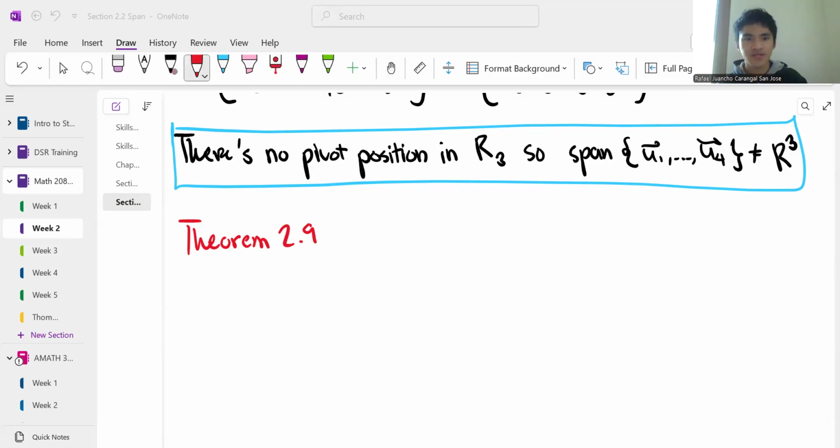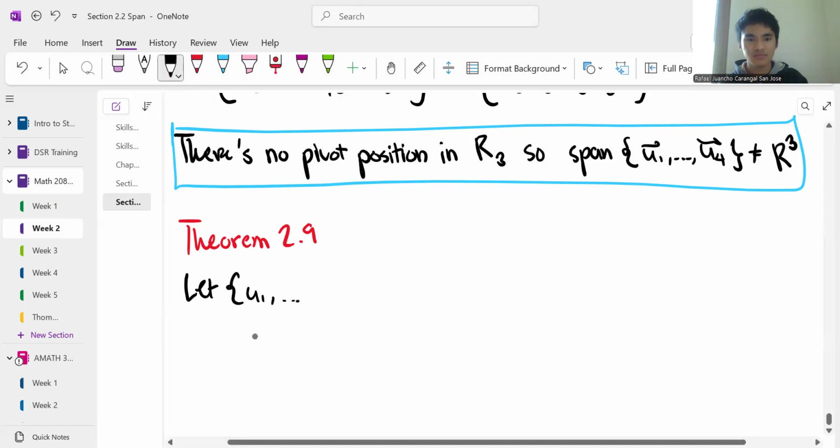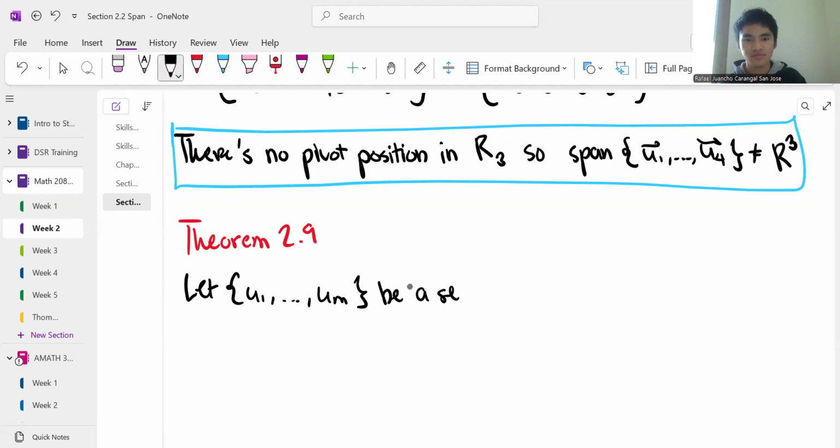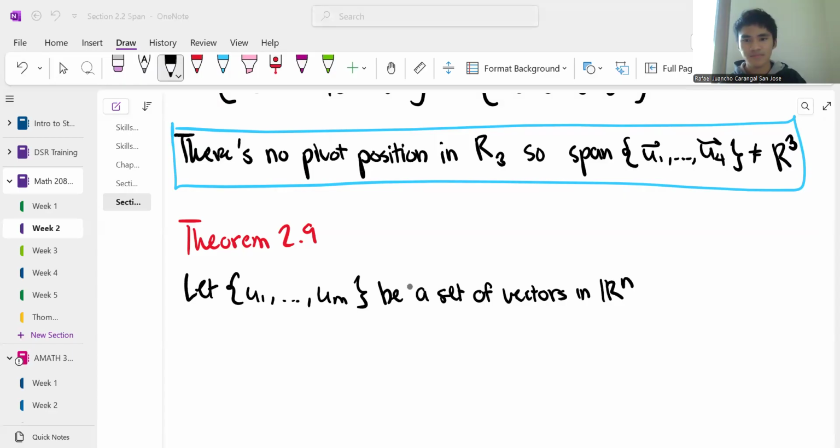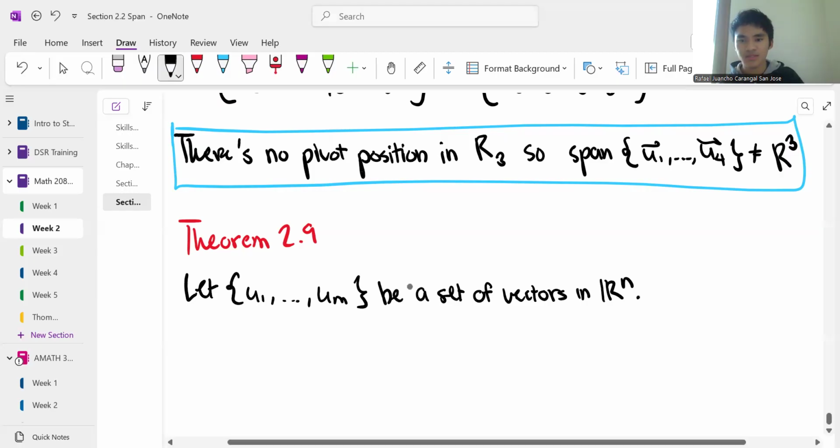So for theorem 2.9, we let u sub 1 all the way to u sub m be a set of vectors in Rn. Here's the thing.